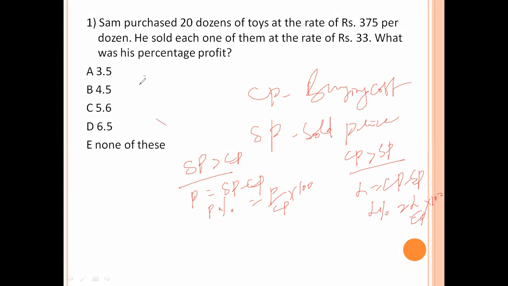If cost price and profit percentage are given, in that situation, selling price equals cost price into 100 plus profit percentage divided by 100.